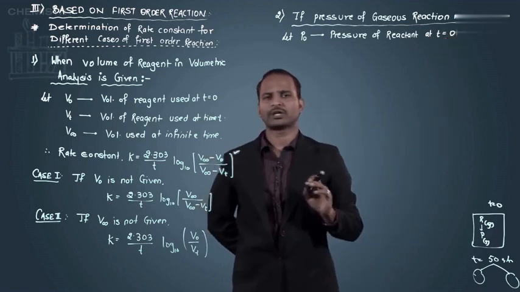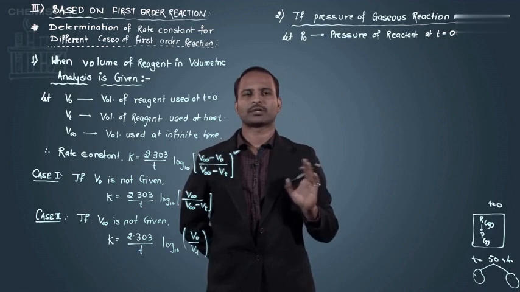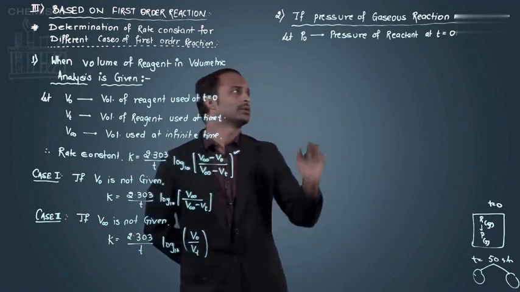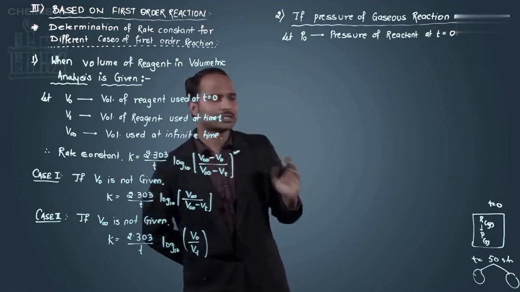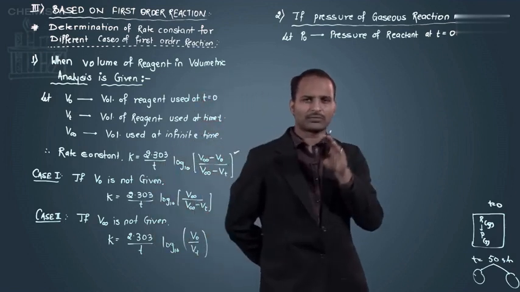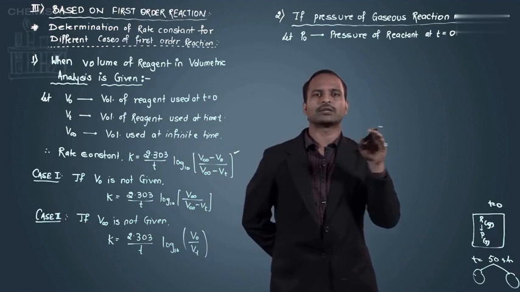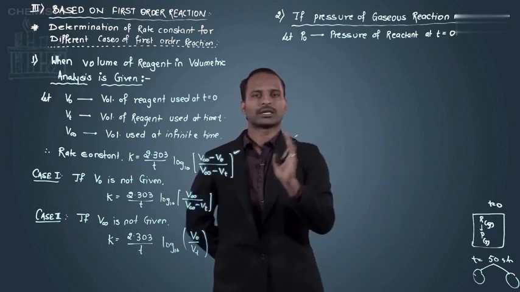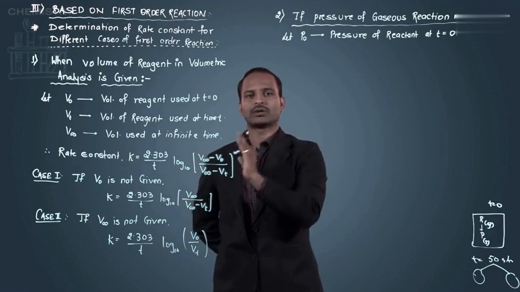If P naught is given, it is purely the pressure of the reactant, because time equal to 0 means there is no product, the reaction has not started. Then once the reaction starts, some of the reactant will start getting converted into product, and if some of the reactants are getting converted into product, the reactant pressure goes on decreasing.